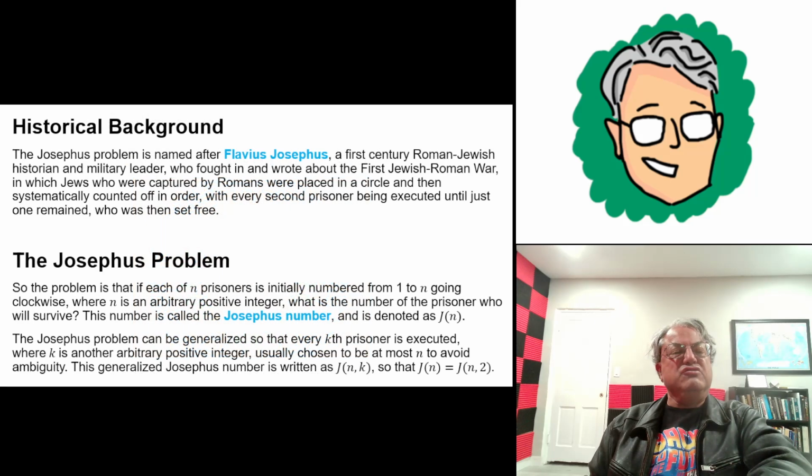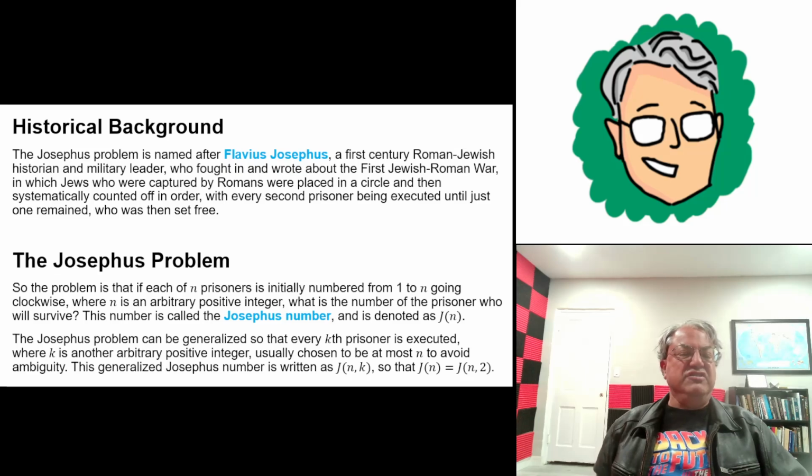And let me just get into a little bit more detail. So I think I already kind of said the historical background. It's named after a famous Roman Jew named Flavius Josephus. He was a Jewish historian and a military leader, and I guess he was involved in the first Jewish-Roman War. I believe that was the war in which the Romans invaded the Jewish kingdom at Masada.